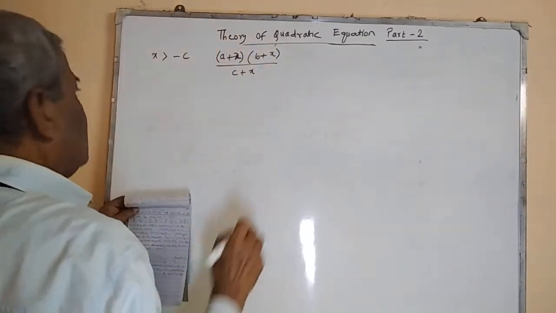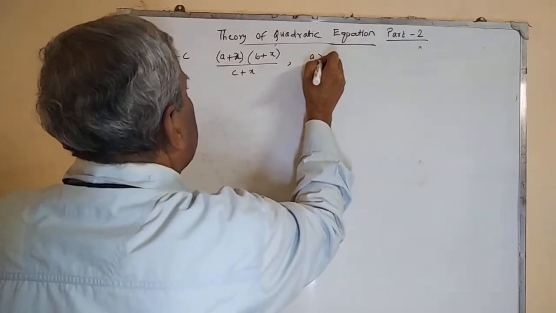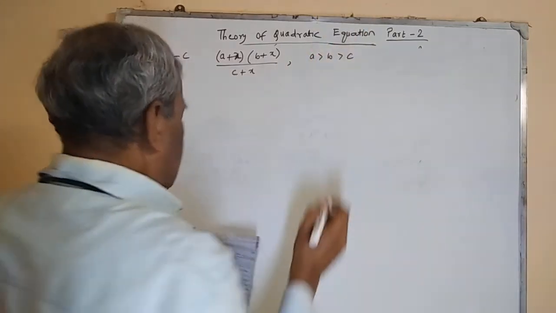Least value of that, given that A is greater than B, greater than C.